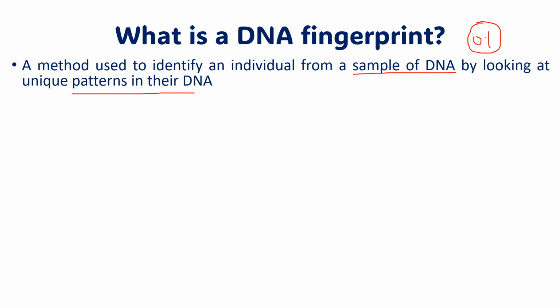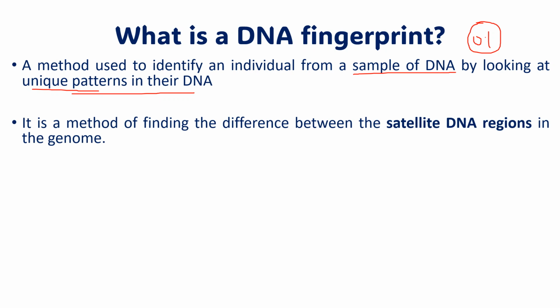And what is this unique pattern? This unique pattern is the repetition of some nucleotides. In some cases, 3 to 5 nucleotides, 10 to 15 nucleotides, or some other number of nucleotides are repeated many times. That is called the unique pattern, and this unique pattern of repetition is present in this 0.1% of the DNA.